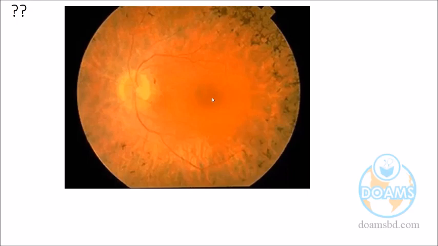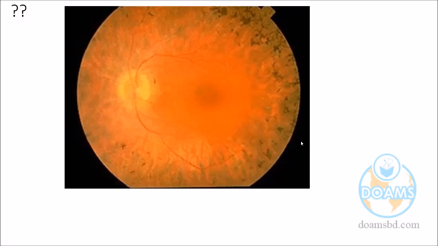One technical question: what could be the visual field defect in this case? Visual field defect. Dr. Saida, you became silent. Can you think? It will be tunnel vision. Tunnel vision.